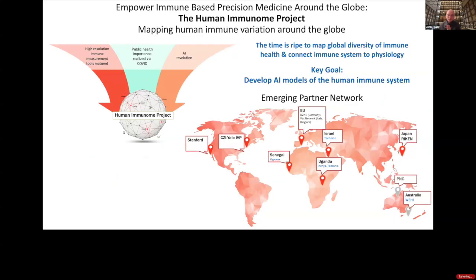So final point, as Monica mentioned, we're also pushing forward on a project called the Human Immunome Project. This is closely related to the idea of understanding these set points in immune health, but really, can we do this across the globe and not miss the very extensive variation and signals?